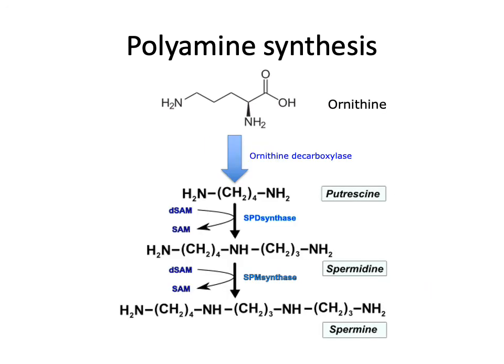So this is the pathway, starting again with ornithine. The enzyme ornithine decarboxylase removes the carboxyl group from the ornithine to produce putrescine, and this has been a target for cancer therapy because if you inhibit ornithine decarboxylase, or ODC, it tends to inhibit cell growth because these compounds are required for cellular growth.